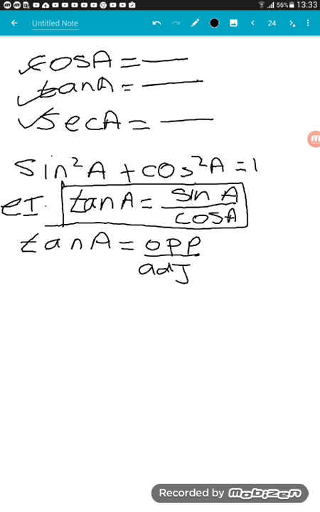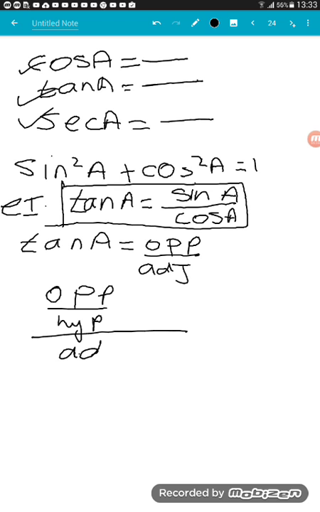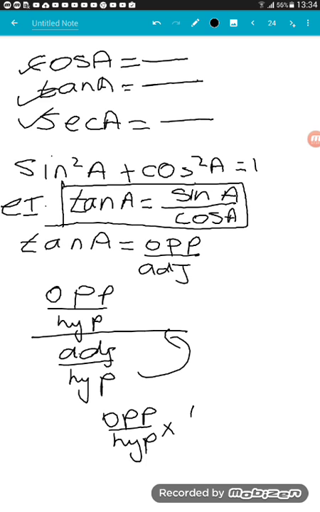Sin A by cos A is nothing but opposite by hypotenuse, that is sin A, divided by adjacent by hypotenuse, that is cos A. Now if you cross multiply, it will be opposite by hypotenuse into hypotenuse by adjacent. Hypotenuse cancels, so what is left is opposite by adjacent.